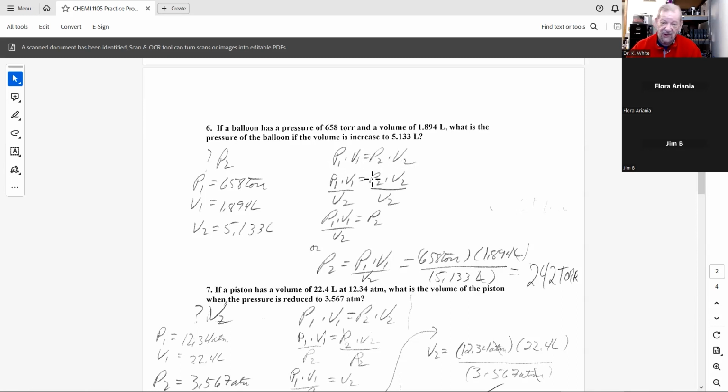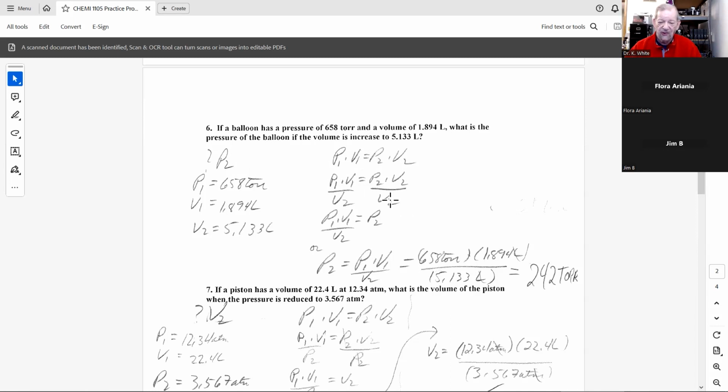Now, we want P2 alone on one side. And anything divided by itself is number 1, it's gone from that side. So if I want to get rid of V2, because I want P2 alone on one side, because that's what I'm solving for, I'll divide this side by V2.